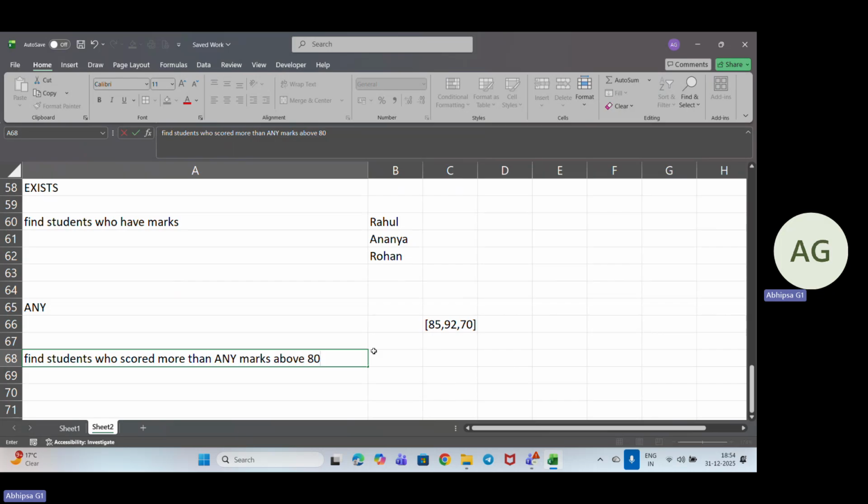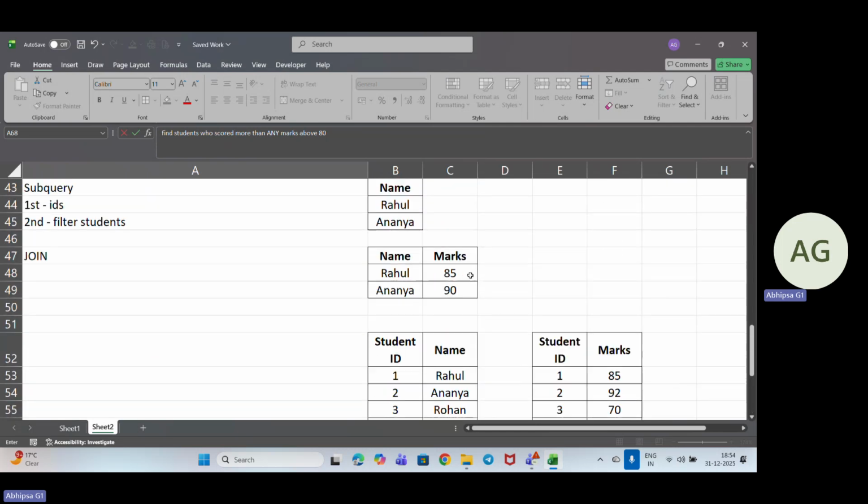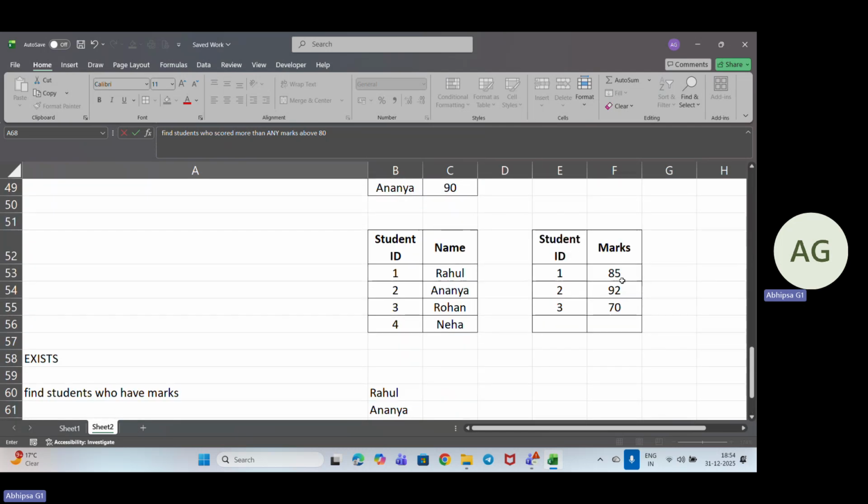ANY means at least one, of course. So more than any, that would come out as 70. That will give us the true value. For 92, it will also give us true. For 70, we also get true. And for 85, also true. So that is what we can find out.